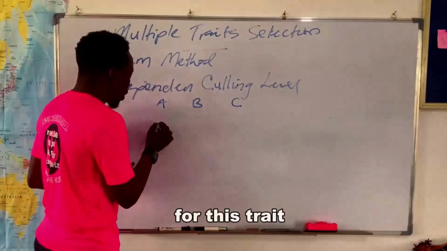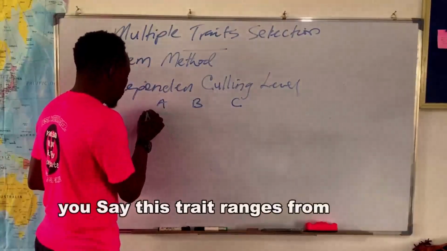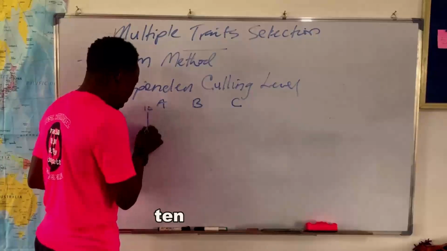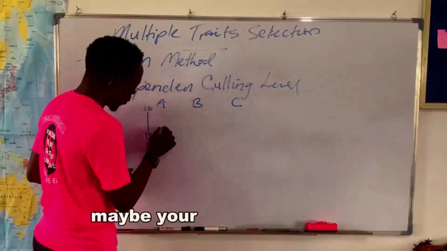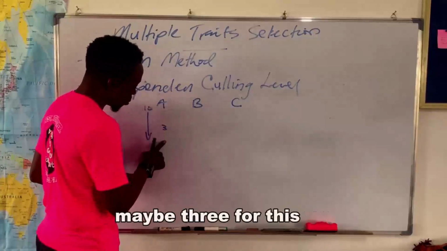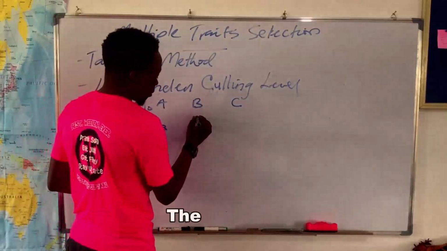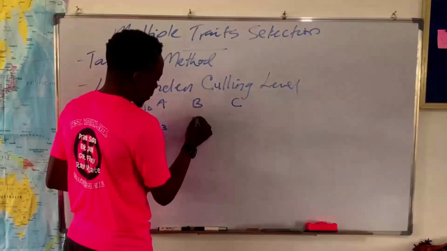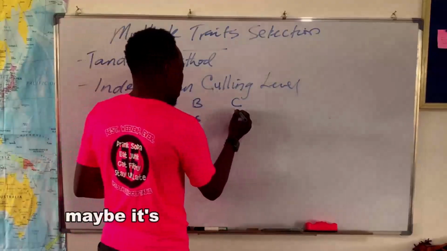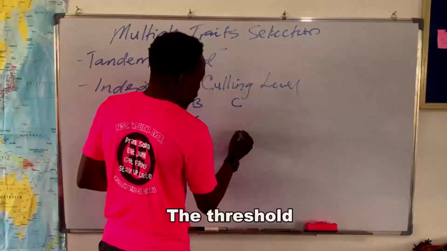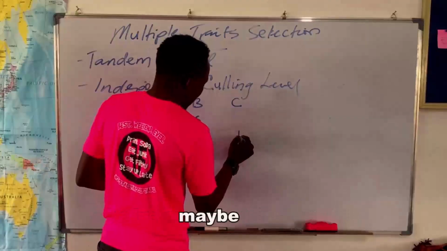Maybe for this trait, you say this trait ranges from 10 down to 1. Maybe your cutoff mark here may be 3 for this trait. For this trait, because it's important to you, the threshold may be 6. This trait, maybe it's not that important to you, the independent culling level may be 1.